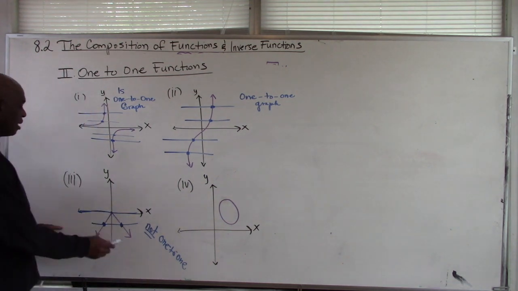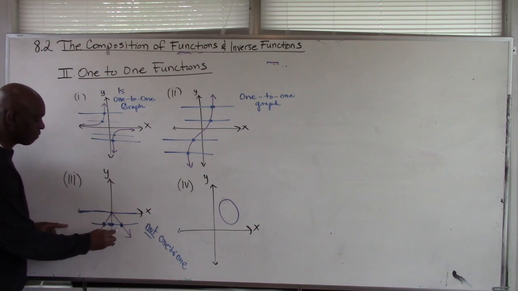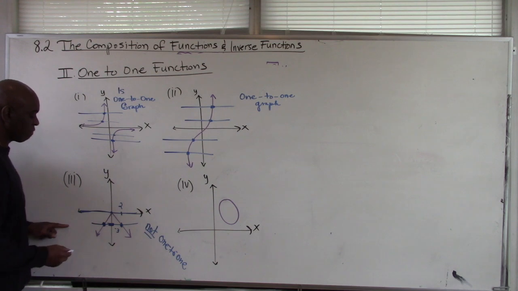Let's say this y value right here on the y-axis, let's say it's -3. And let's say this x value right here, that x value is 2. And let's say this x value right here is -2.